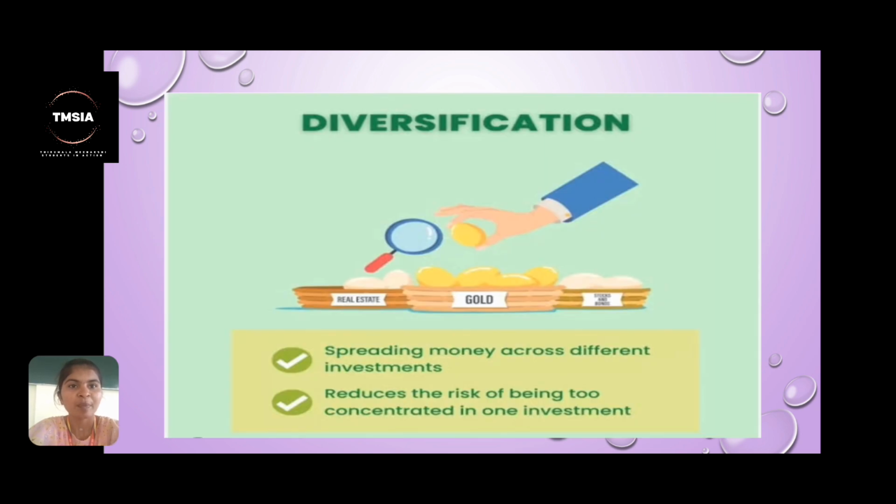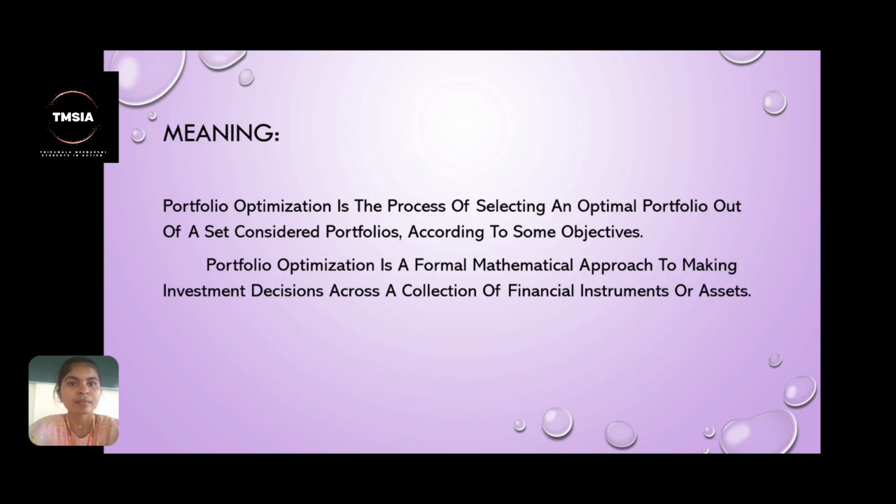The picture represents diversification, spreading money across different investments to reduce the risk of being too concentrated in one investment. We know the meaning of portfolio optimization. Portfolio optimization is the process of selecting an optimal portfolio out of a set of considered portfolios according to some objectives.